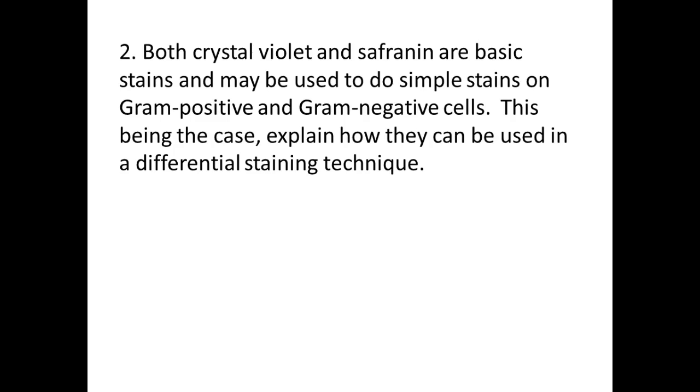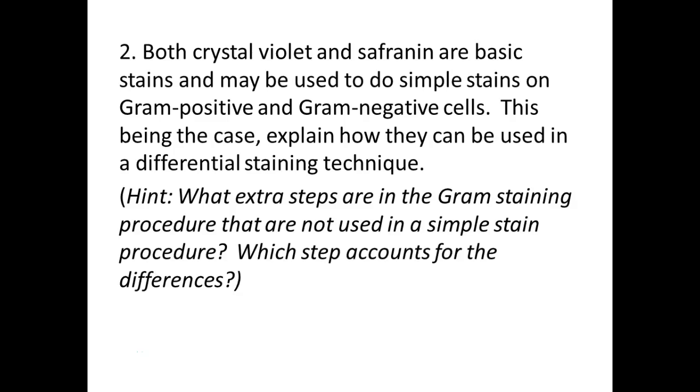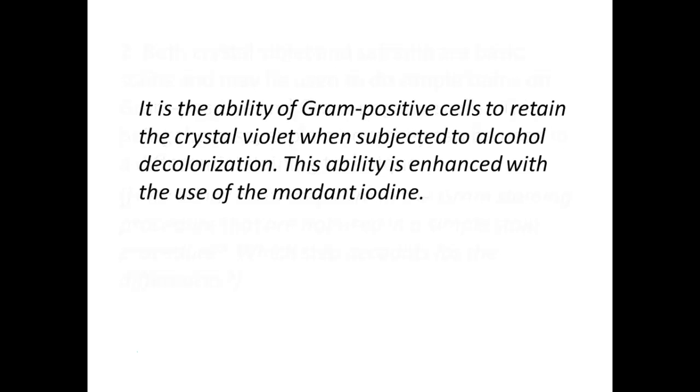What's that important step in the gram stain procedure? Decolorization. The ability of gram-positive cells to retain the crystal violet when subject to alcohol decolorization. And of course, this is enhanced by the use of the iodine.